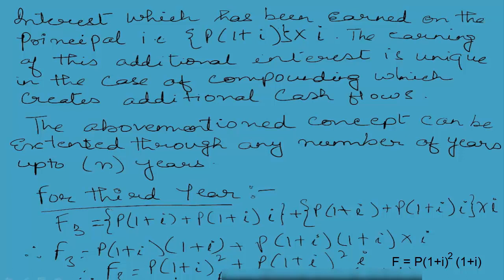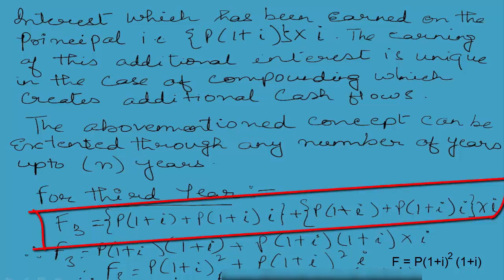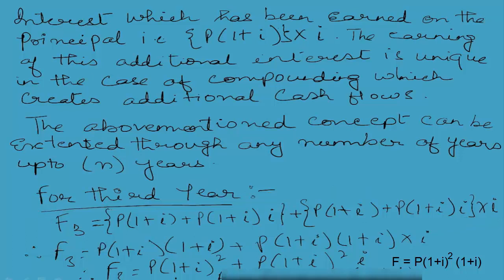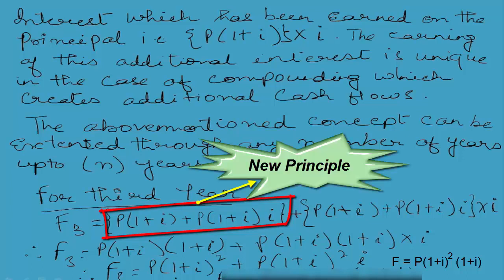So for the third year, now listen to it very carefully, have a very careful look. For the beginning of the third year, we have the new principal as P(1+I) plus P(1+I) into I, that is, the amount for the second year, to which we add P(1+I) plus P(1+I) into I, multiplied by I. It means P(1+I) plus P(1+I) into I was last year's principal, that is the principal plus interest which we earned at the end of the second year, and since this becomes a new principal, within the big bracket we have P(1+I) plus P(1+I) into I, and added to it is again P(1+I) plus P(1+I) into I multiplied by I, where I stands for the interest we are earning on the new principal.